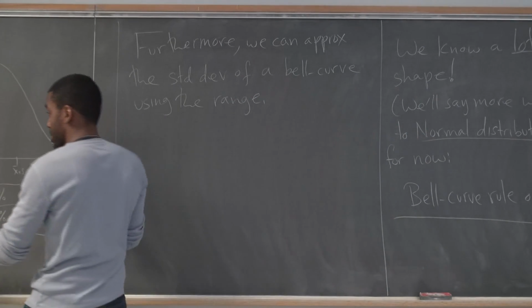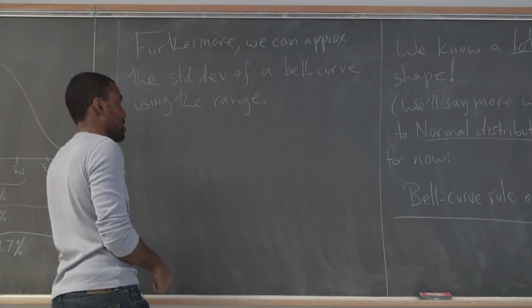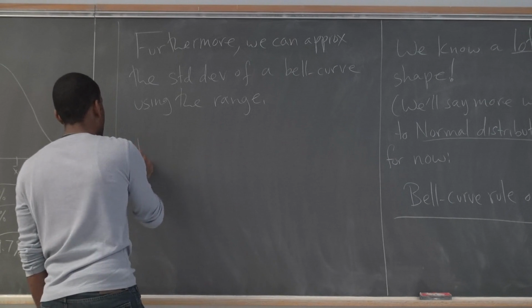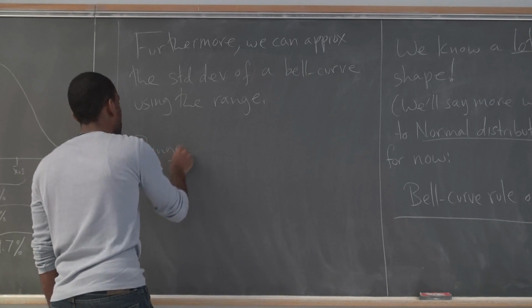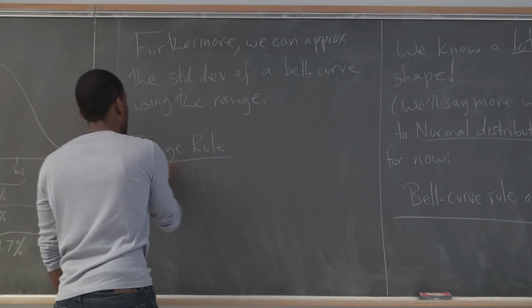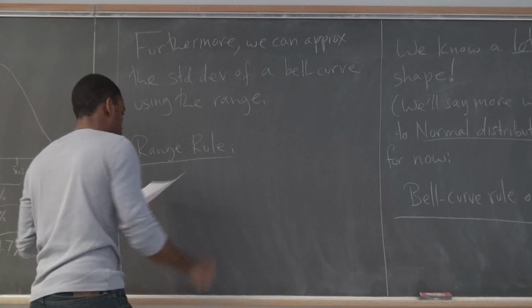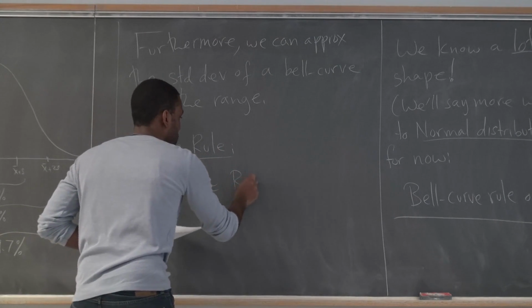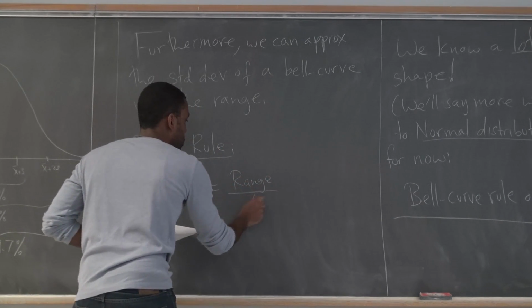It turns out with this shaped data, we can actually approximate standard deviations using the thing that's easy to find, which is the range. This is called the range rule. And it's just S is approximately equal to the range divided by 4.